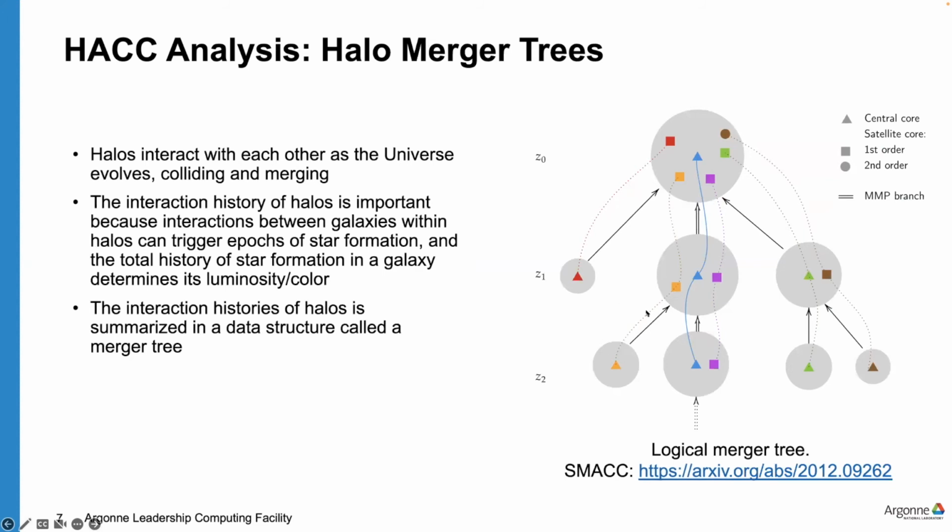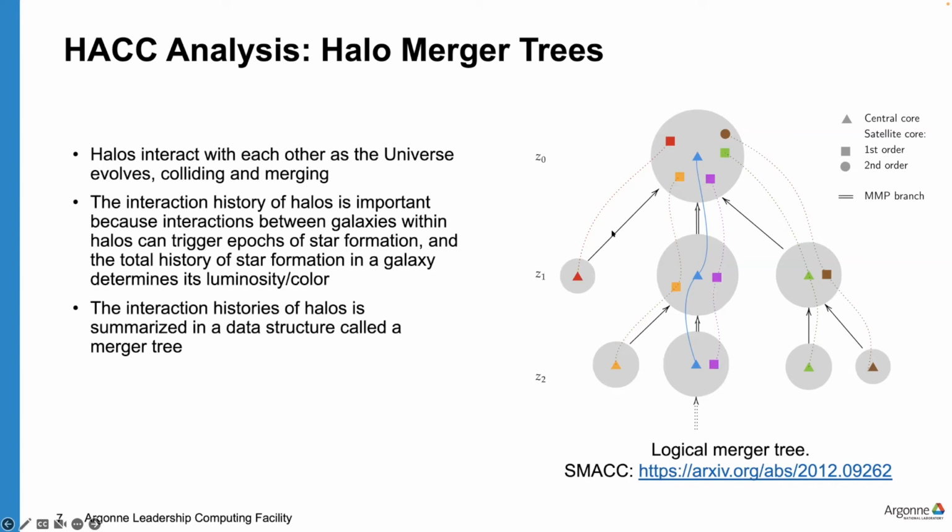Halos also form in a hierarchical way. They interact with each other by colliding and merging. Depicted in this image here are the centers of these smaller halos, and as they merge with larger halos, those centers also remain as overdensities in this larger structure. This interaction history is very important because interactions between galaxies can trigger epochs of star formation.